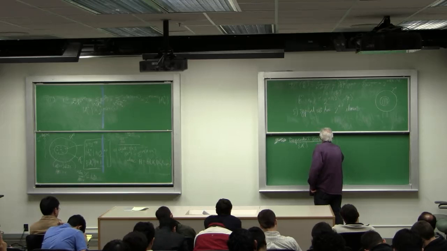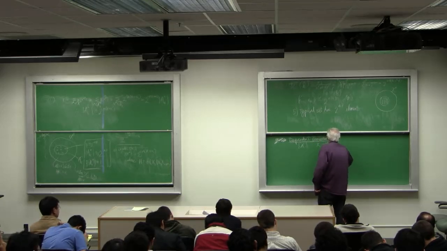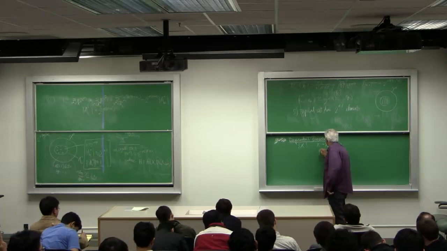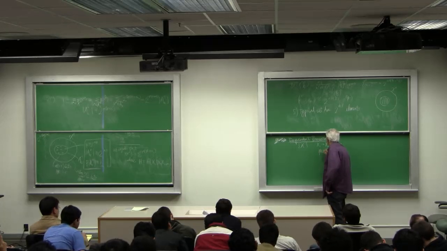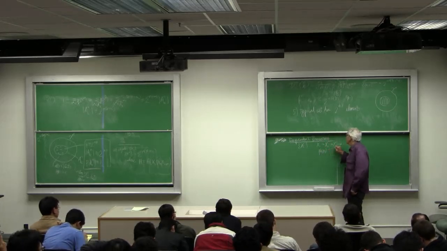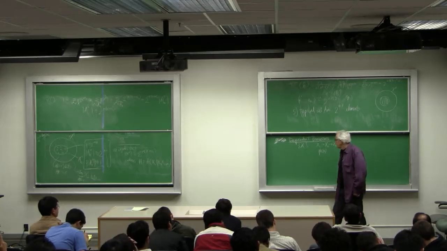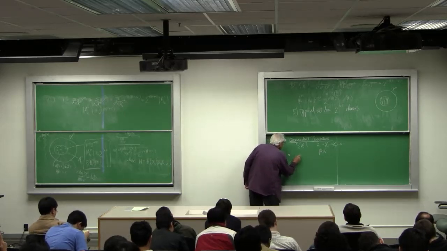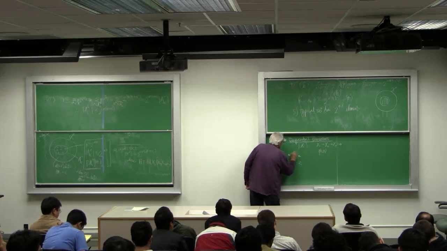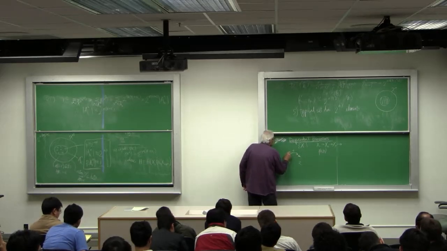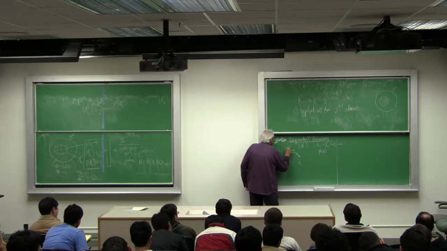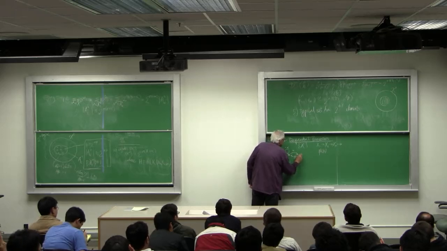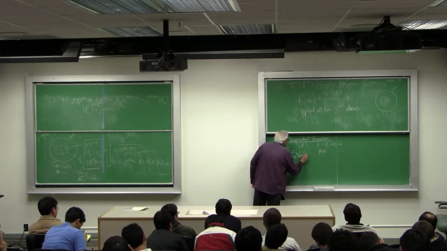X1 goes to X2, goes to X3, etc. And these all according to p of x2 given x1. Similarly here and here and here. So a typical Markov chain might be you're in state 1, or in state 2, and you go here with probability alpha, stay here with probability 1 minus alpha, and if you're in state 2, you come back with probability beta, and stay here with probability 1 minus beta.